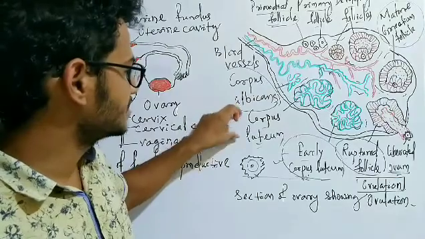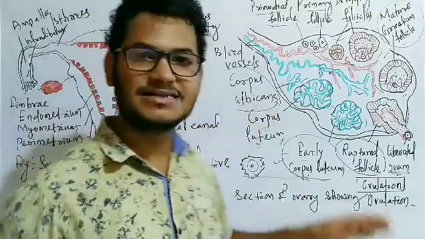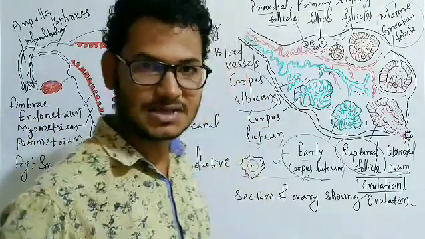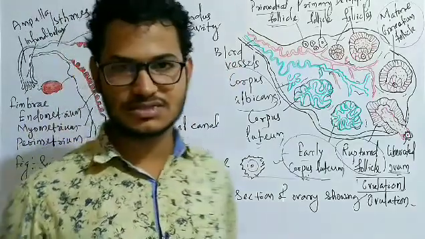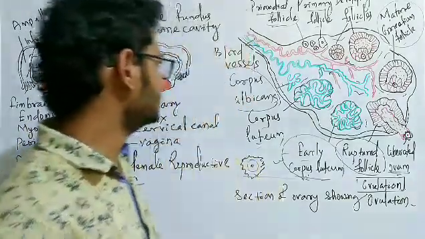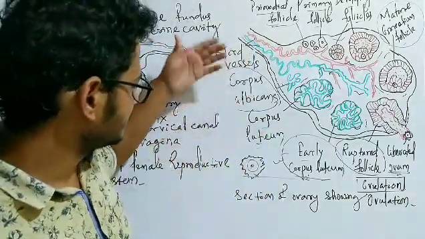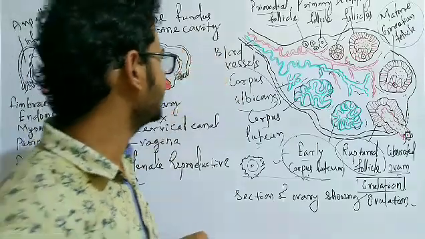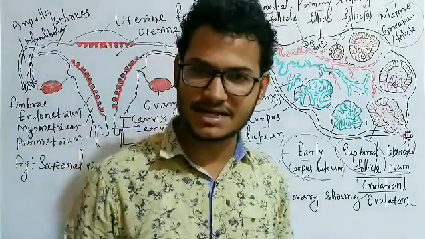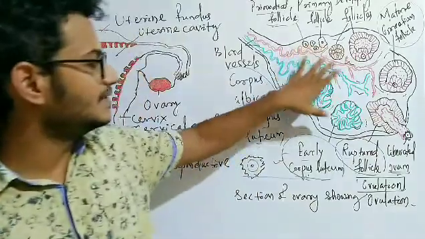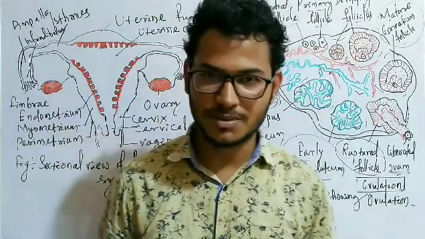This corpus luteum secretes different female sex hormones like estrogen and progesterone, also inhibin, and it again converts into corpus albicans, which degenerates gradually. So we have studied in detail the structure of the ovum.